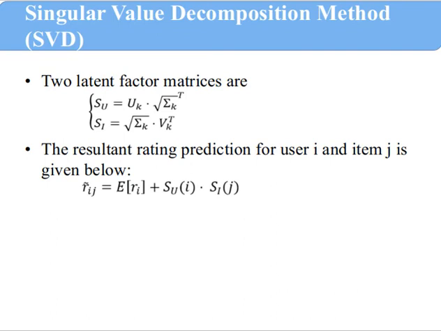In this way the singular value decomposition method is used for rating prediction for a certain user for an item j. In this manner the singular value decomposition method is used to identify the latent variables, and from that the target rating is calculated.